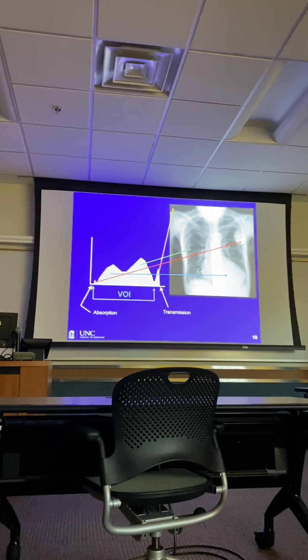If they would have been included as values of interest, the computer would have said, oh, we have this area where we have a lot of decreased brightness, so we better lighten up these pixels. We better increase the brightness of these pixels because they're too dark.